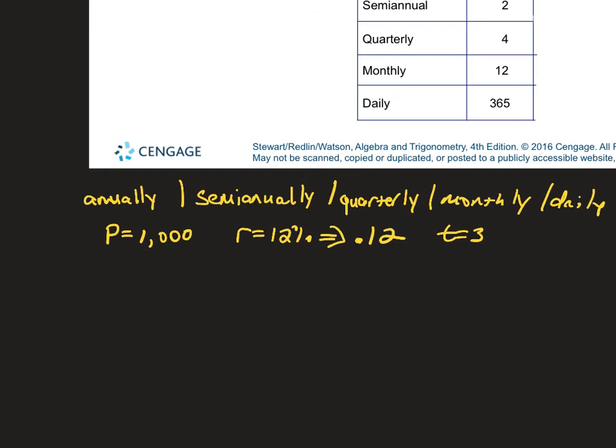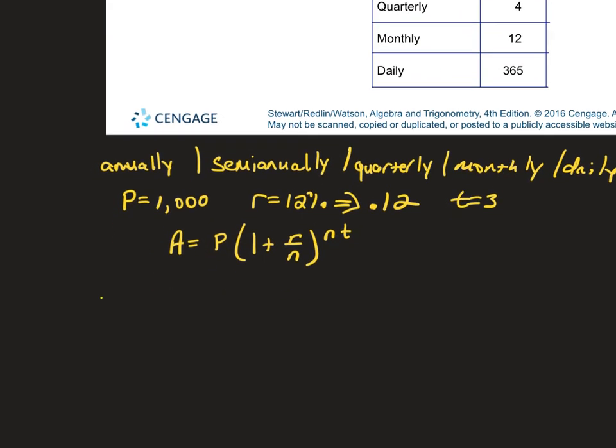So you're going to take that big formula that we had, A equals principal times 1 plus, what was it again? What over what? R over N, raised to the NT power. So when we do annually, annual is when N equals 1.